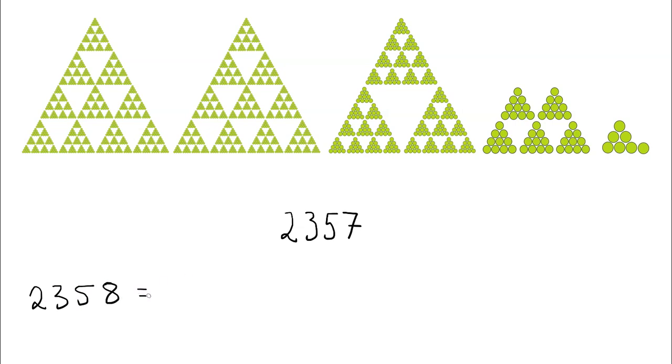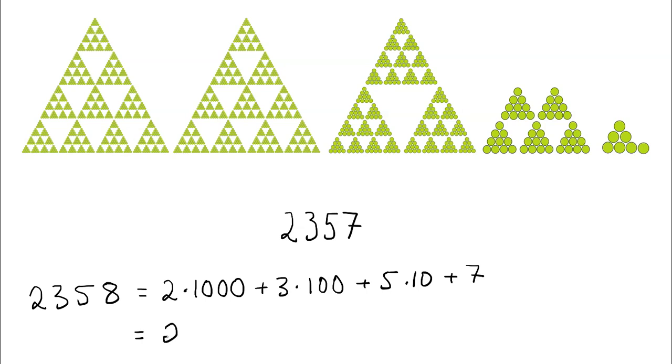For example, this now means we have 2 times 1000, meaning you have 2 of these 1000 piles. We have 3 times 100, 5 times 10, and 7 singles. Or if you like, we could write it as exponents.